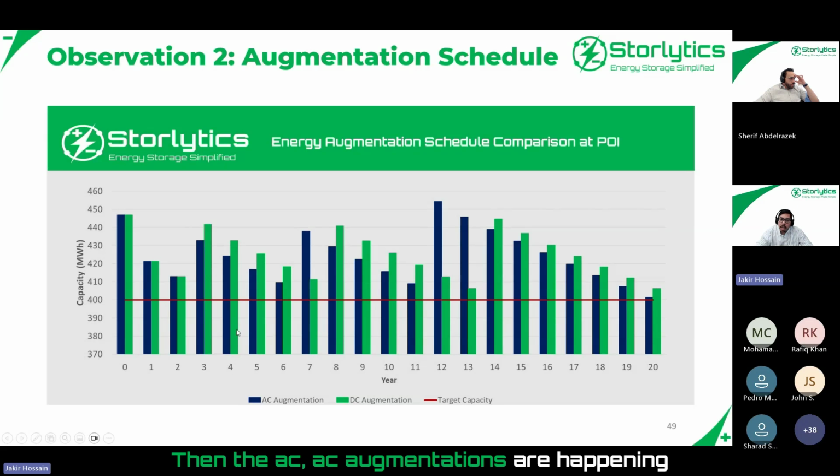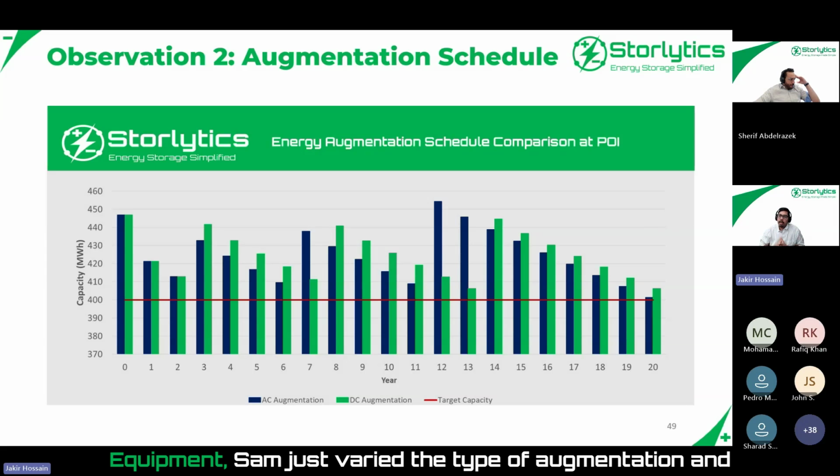AC augmentations are happening at year 3, year 7, and year 12. And DC augmentations are happening at year 3, year 8, and year 14. So we kept everything the same: location, use case, equipment. We just varied the type of augmentation. And that is causing the augmentation schedule to be different.